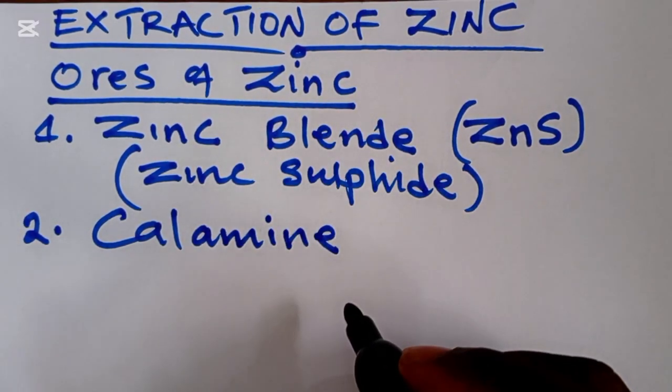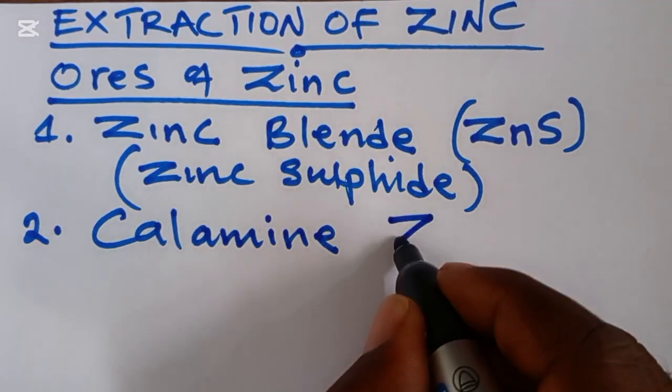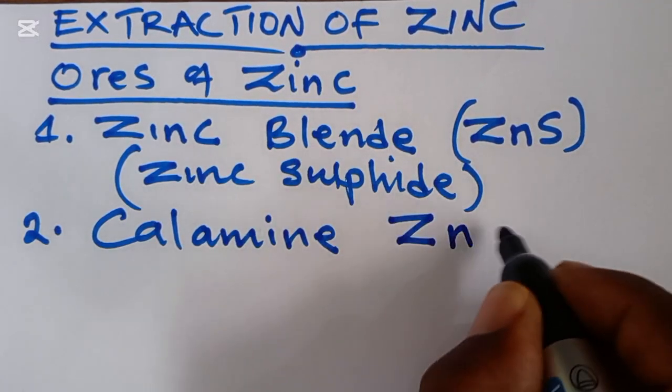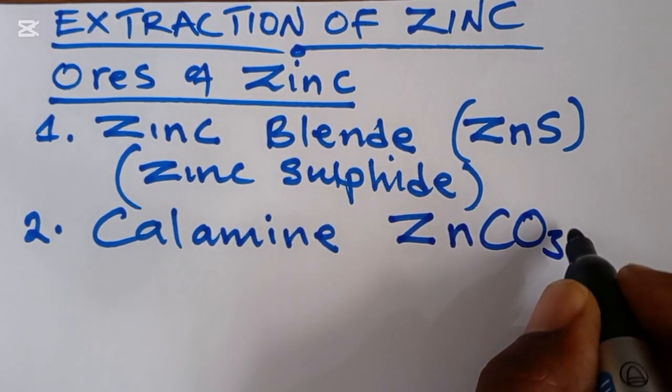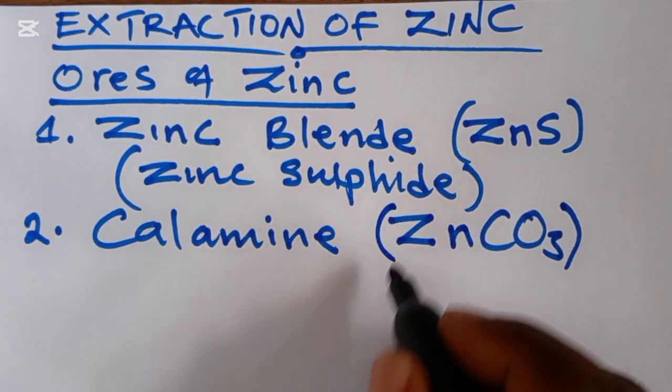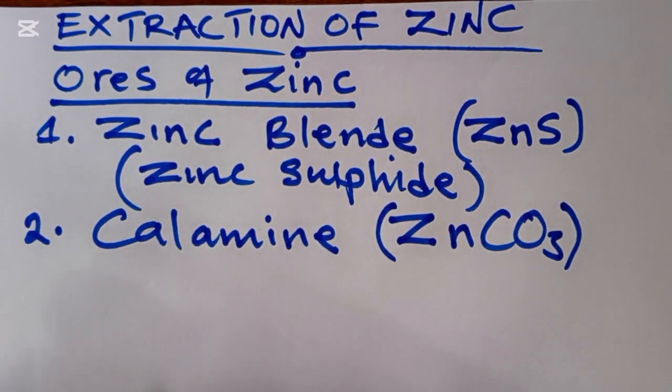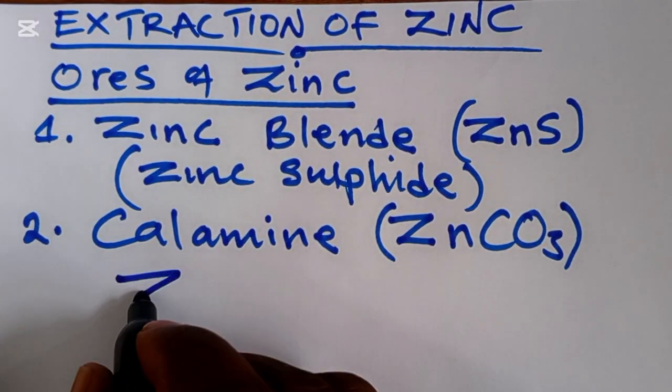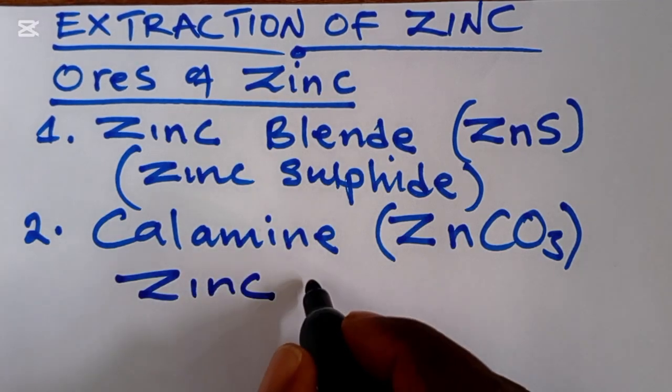The chemical formula for calamine is zinc carbonate, ZnCO3. That is its other name, zinc carbonate.